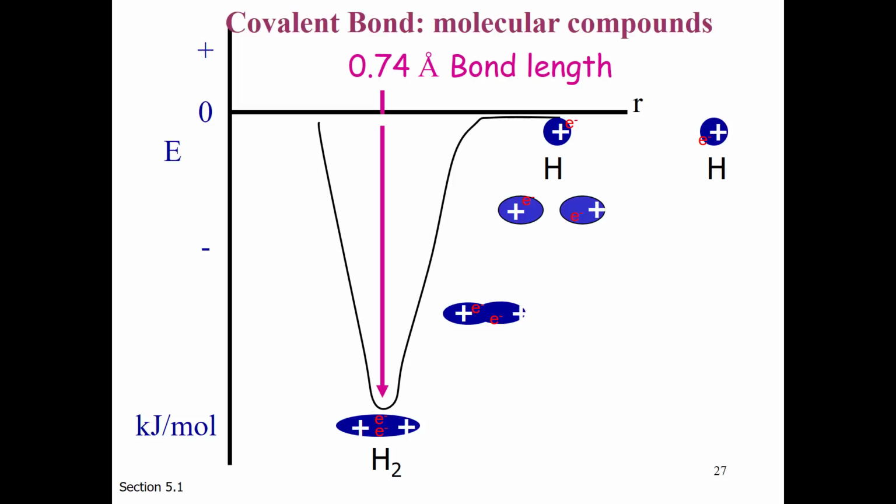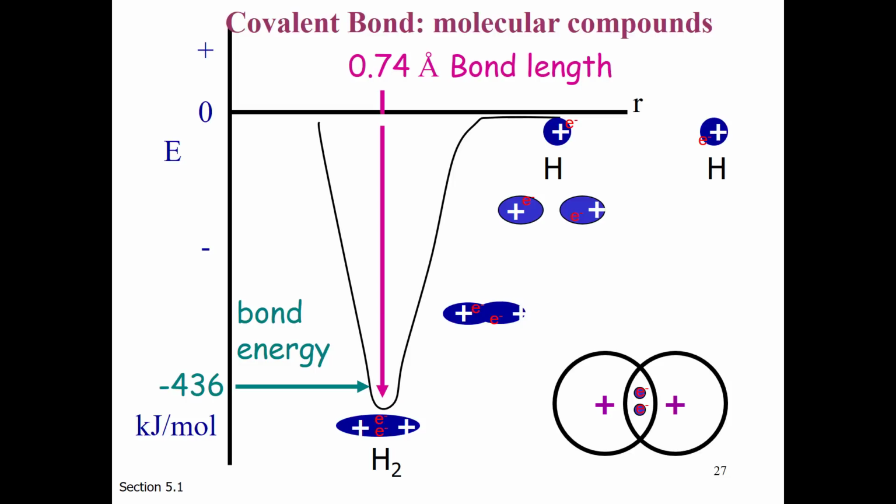So for the hydrogen molecule, the perfect distance is a 0.74 angstrom bond length, and the energy released when those two hydrogens come together is known as the bond energy, and that is minus 436 kilojoules per mole of hydrogen. So think of the two electrons between the nuclei being shared and buffering the two positive nuclei from each other.